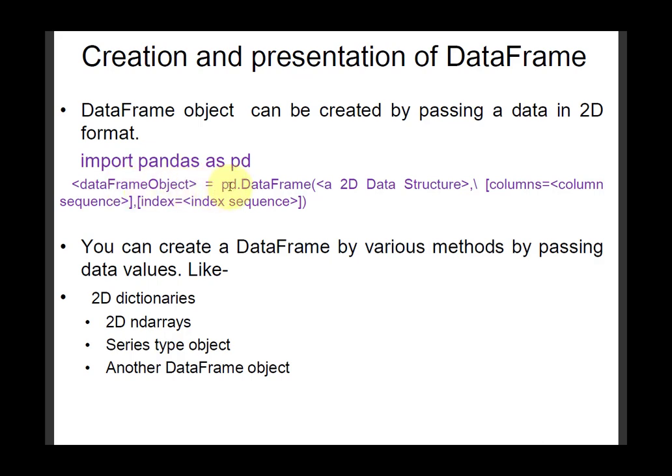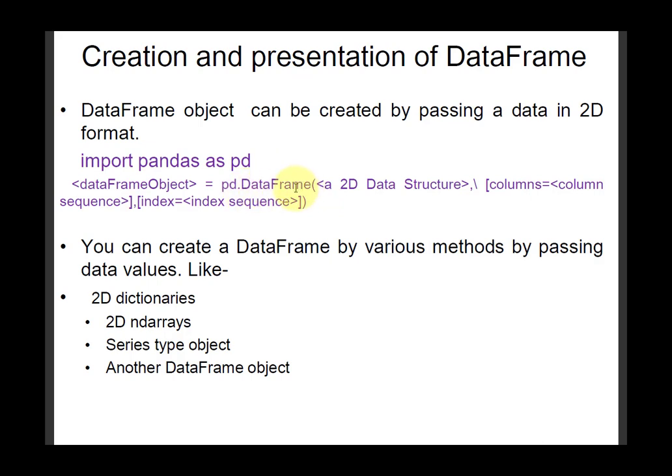And next you have to use the pd object dot DataFrame because we want to create the data frame, so that's why we have the DataFrame method. In series, if you want to create the series, you call pd dot Series.